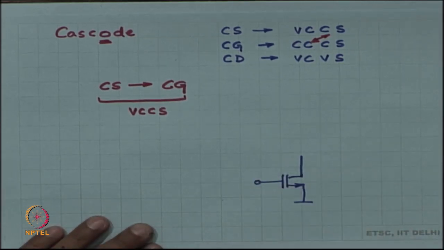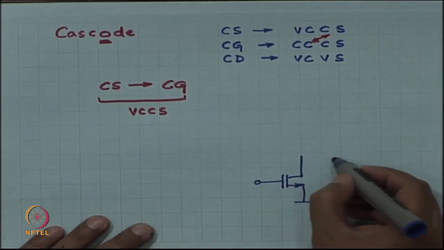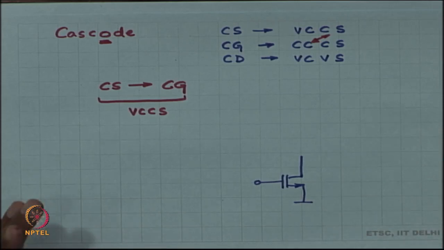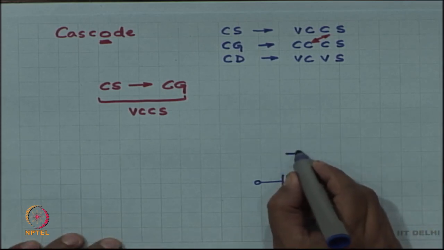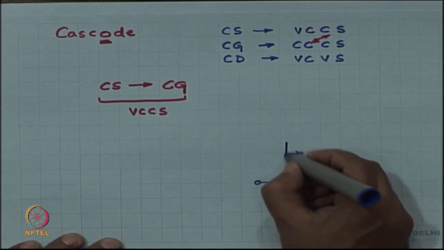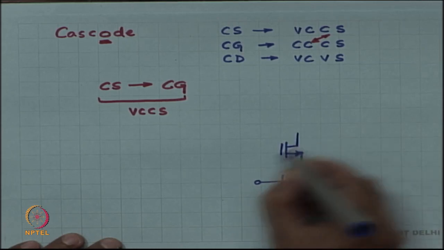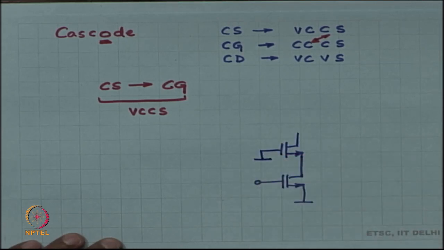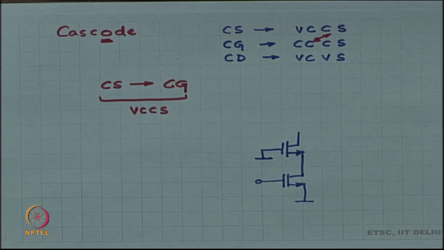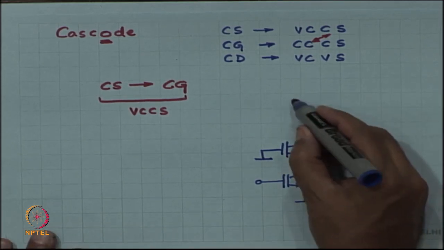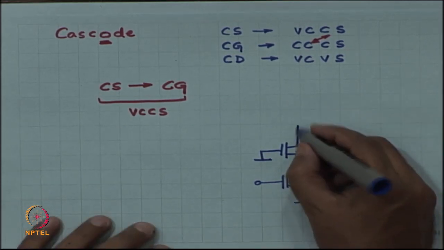So, this is the common source amplifier and this is where you place the load, but instead of the load what we are going to do is put a common gate structure over there, and the common gate structure looks like this, and then finally you have a load.